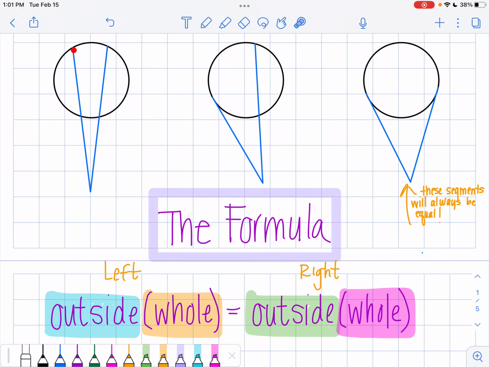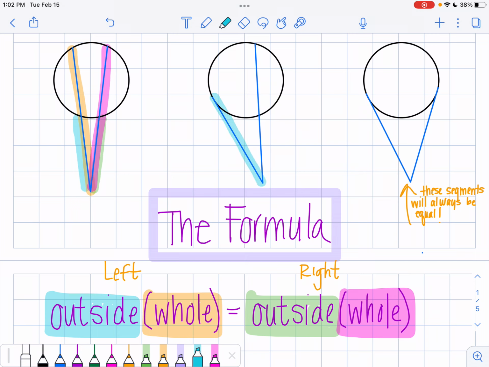For the line segment on the left, I'm going to take the outside part of the line segment, which is the part that's outside of the circle, and I'm going to multiply it by the whole length. And then I'm going to set that equal to the outside part of the right line segment multiplied by the whole length.